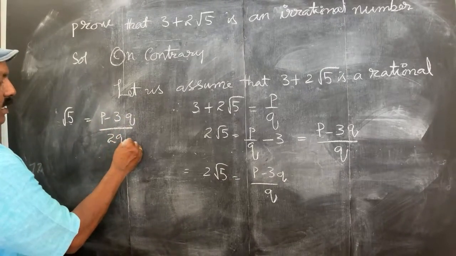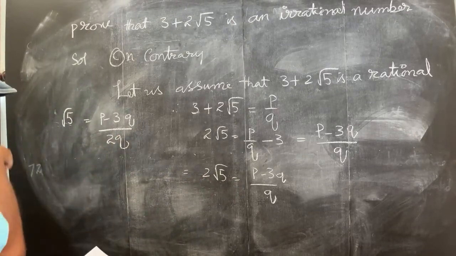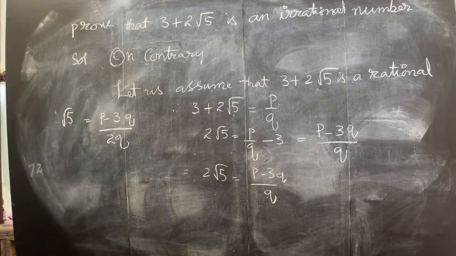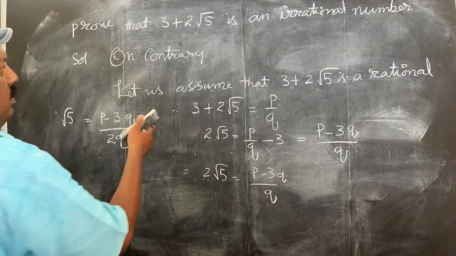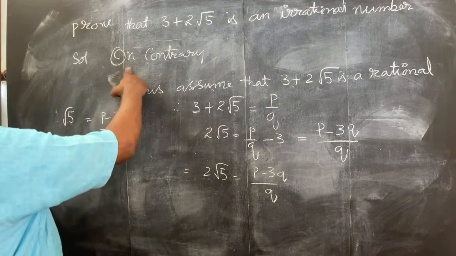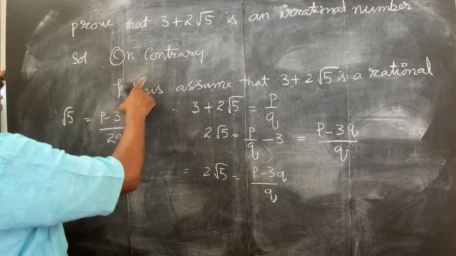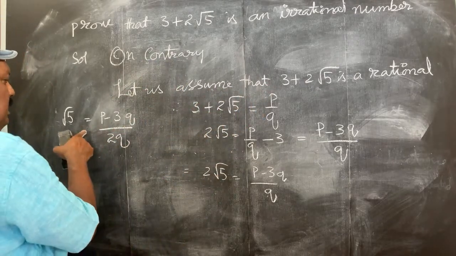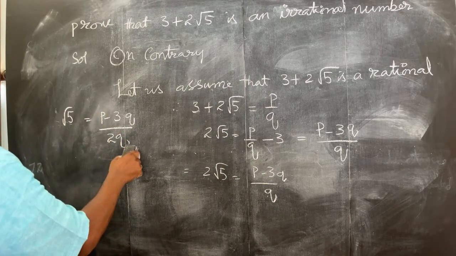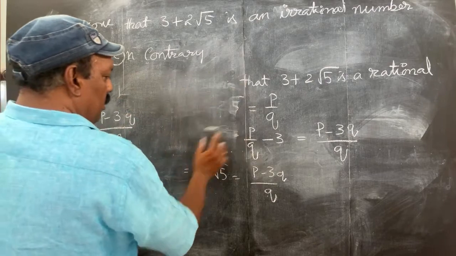Now this is the condition. Once again, on contrary, we assumed so and so and we got this final equation, but we have to see the comments here.